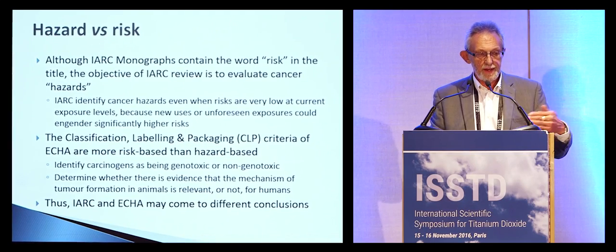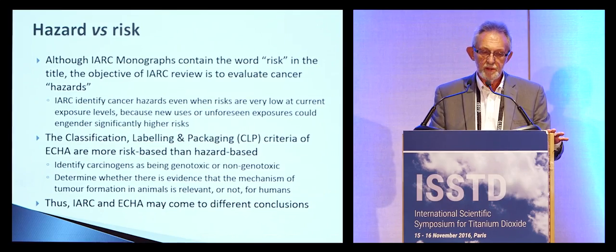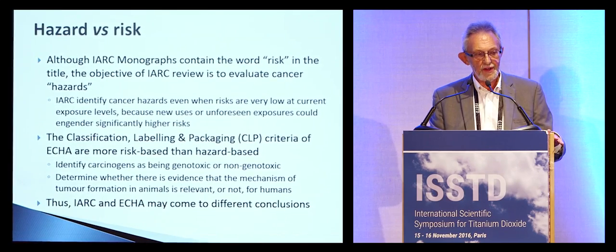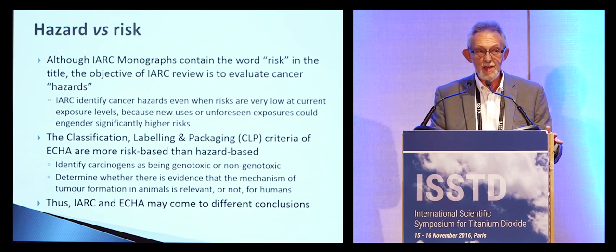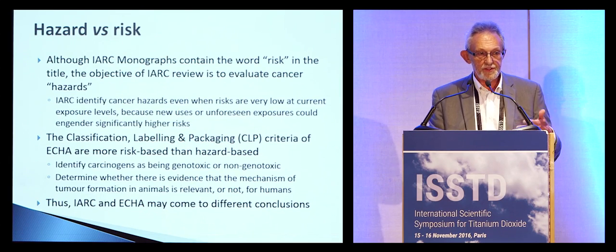So IARC and ECHA can come to different conclusions. And as was being discussed yesterday, the separation in time between an IARC hazard classification and an ECHA risk classification may be a problem. Maybe it would be better if hazard and risk were being discussed in the same forum at the same time.